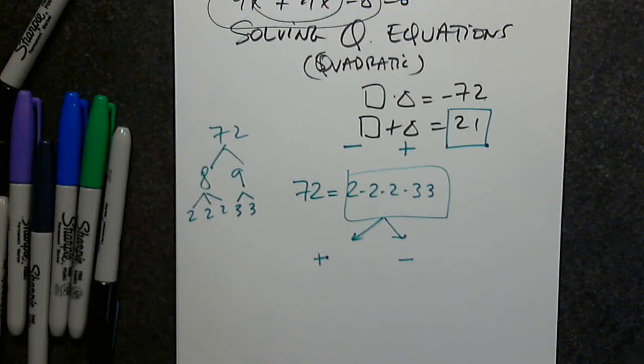When I add a positive and a negative and I get 21, they must be kind of apart. If I add them and get 2, they have to be close to each other. But if I get 21, one is small and one is big. So the difference between them has to be 21 units, right? Let's see what we can do here.